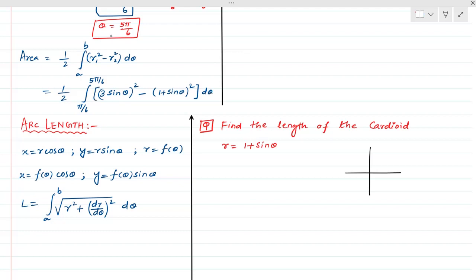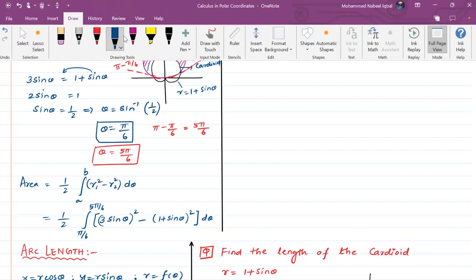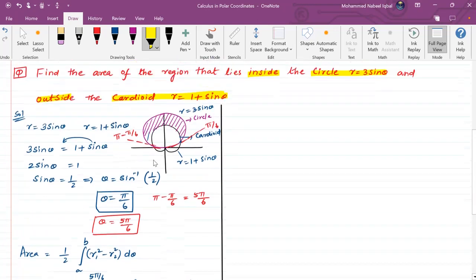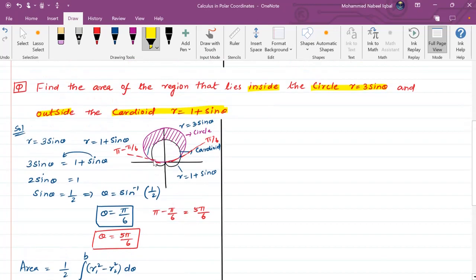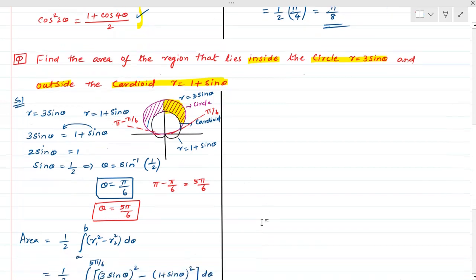And by the way, here we have to calculate this region. Since it is symmetric about the y-axis, I can calculate only this part and multiply by 2 to get the whole region, or you can calculate the whole thing as well.